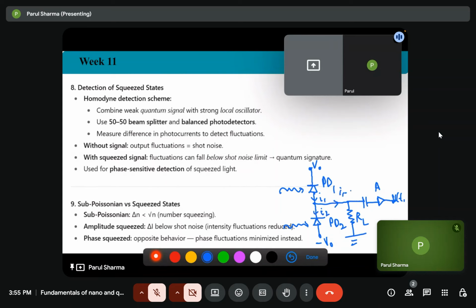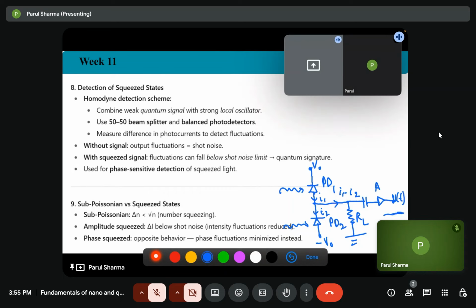So the two balanced photodetectors are biased in a way that the overall fluctuation in the current will vanish between the detectors, and only the AC component is left, which is the shot noise fluctuation, and we can measure the output as Vt. So fluctuations in the current effectively capture the fluctuations in the intensity.